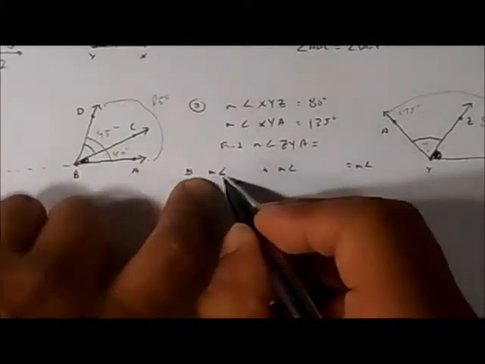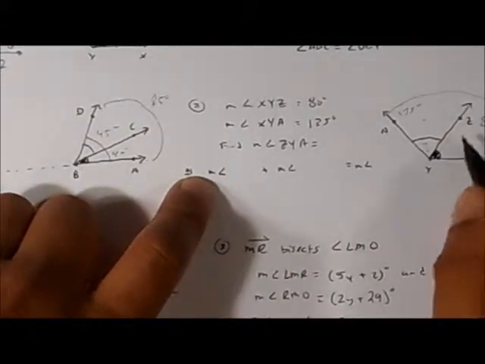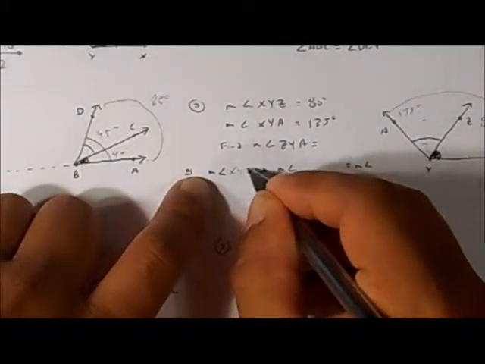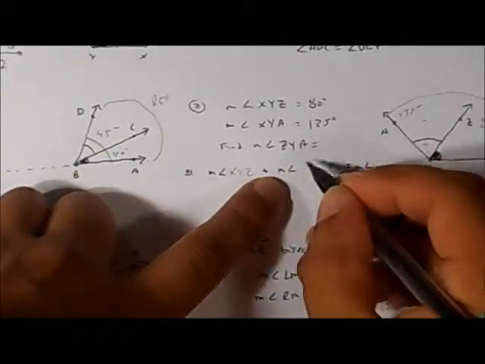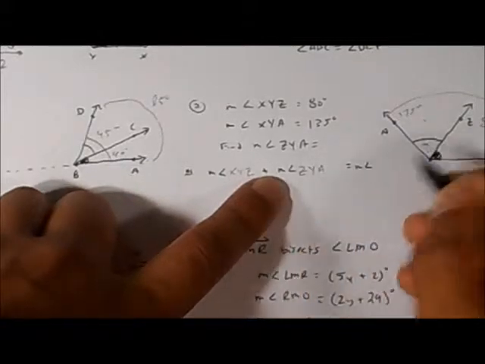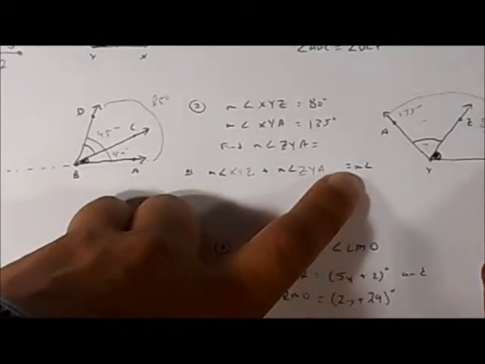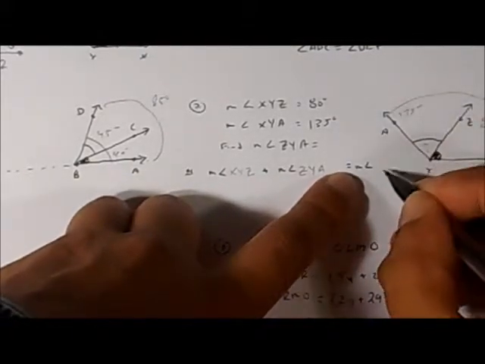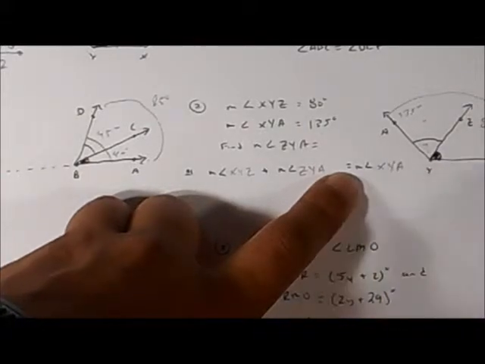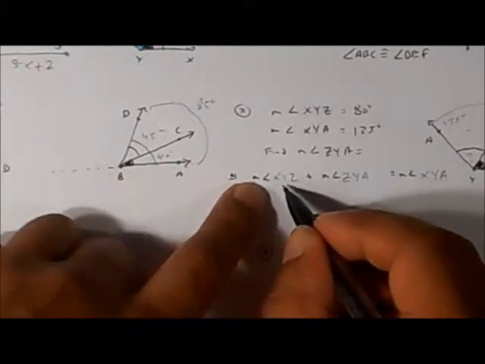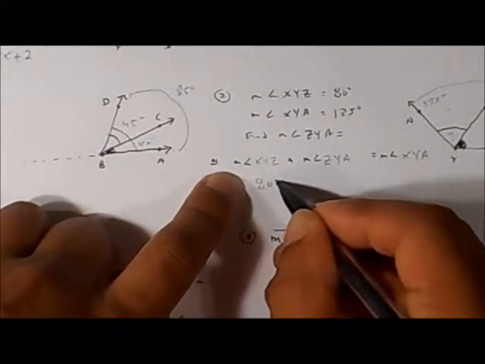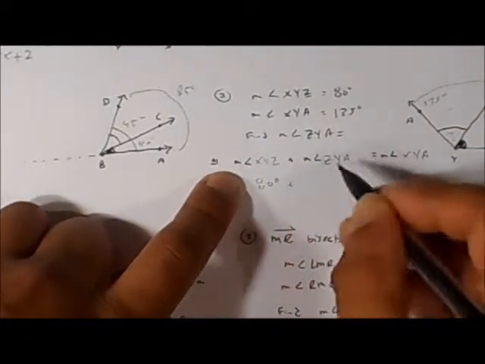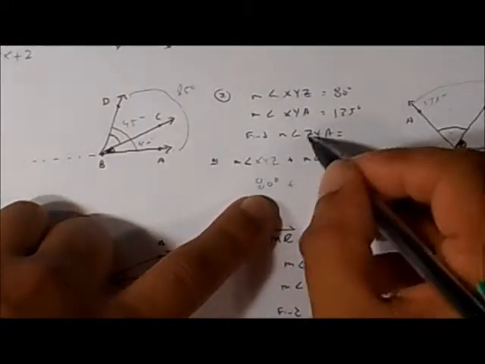Okay, so let's go ahead and find out. The measure of angle XYZ plus the measure of angle ZYA is equal to the measure of angle XYA. So XYZ is 80 degrees because that's given to us. The measure of ZYA, we're asked to look for that.